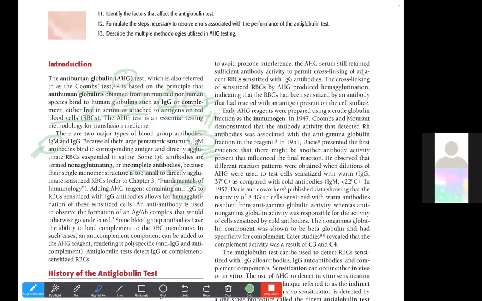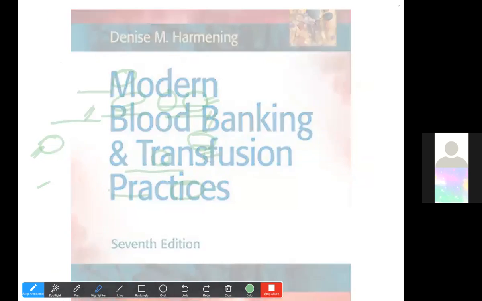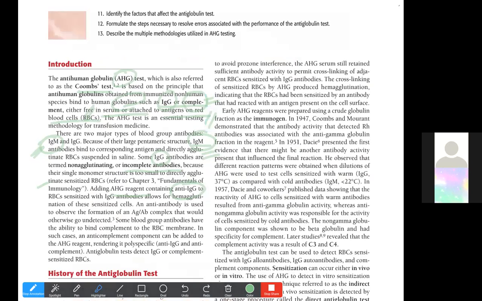But these IgG antibodies are non-agglutinating because they are small and their agglutination cannot be directly seen with the naked eye, and in fact they may not form such agglutinates that can be picked up. So we need to add certain reagents, and this AHG reagent containing the anti-IgG then allows for hemagglutination of these sensitized cells.